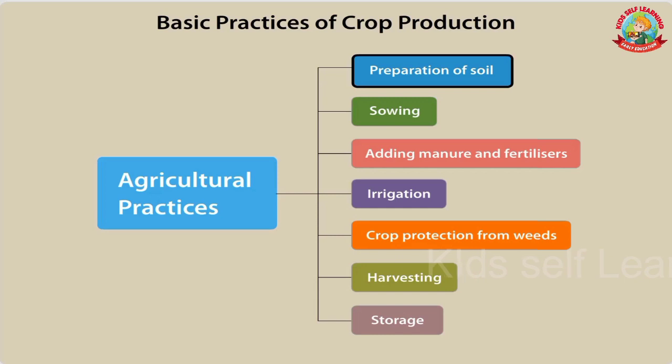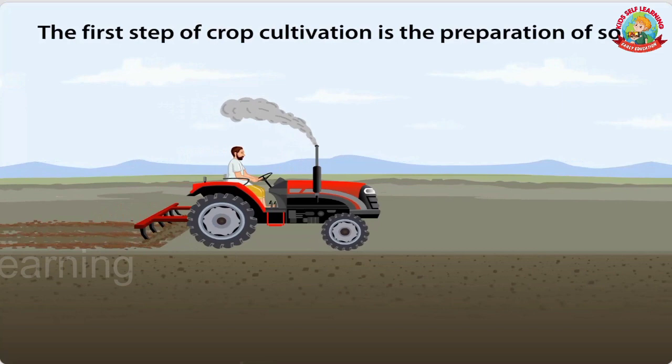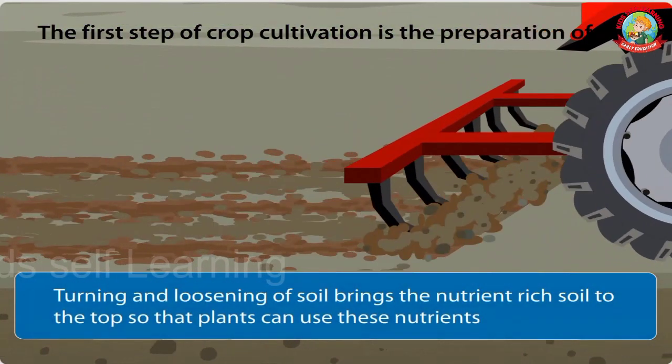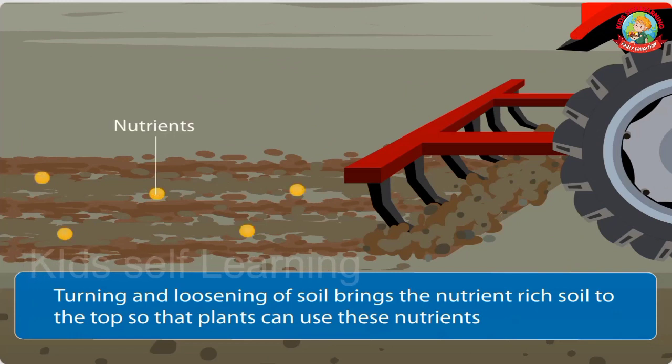Preparation of soil. The first step of crop cultivation is the preparation of soil. This step involves turning of soil to loosen it. Turning and loosening of soil brings the nutrient-rich soil to the top so that plants can use these nutrients.